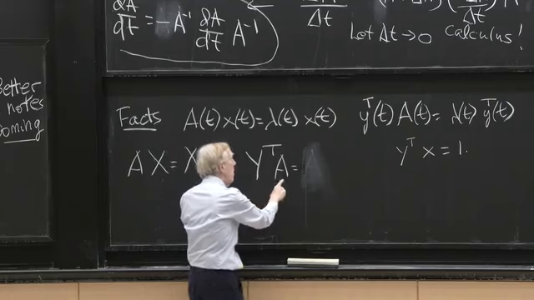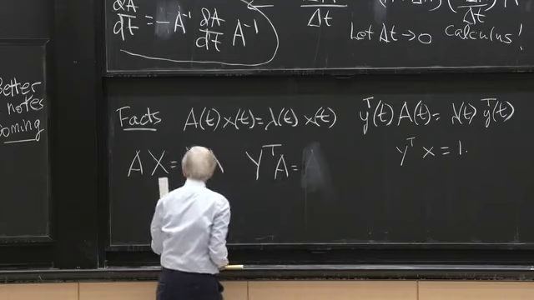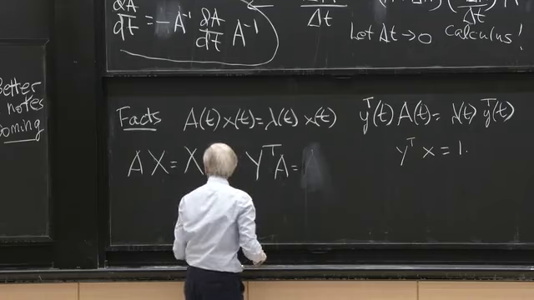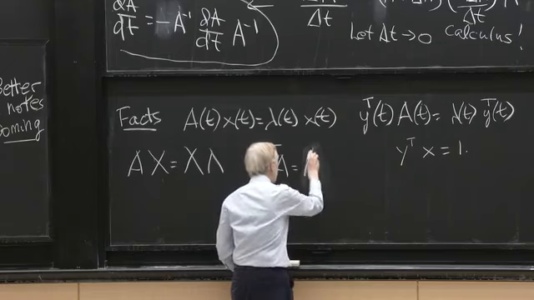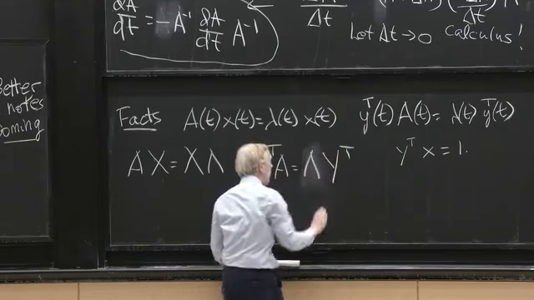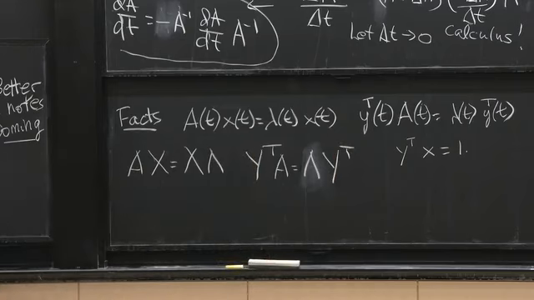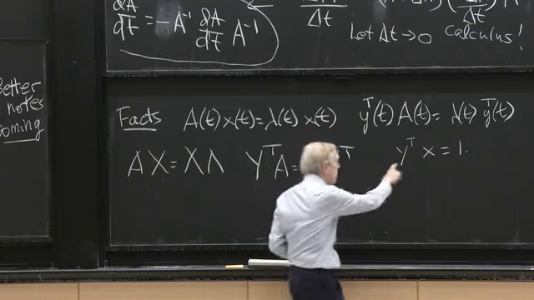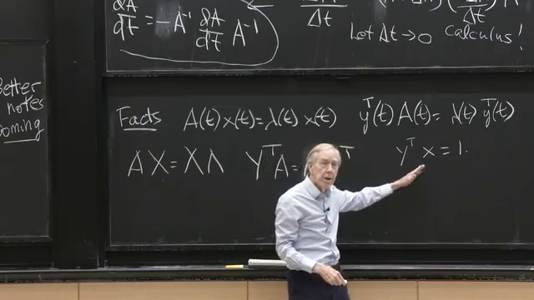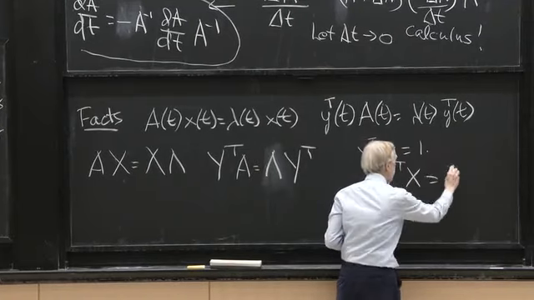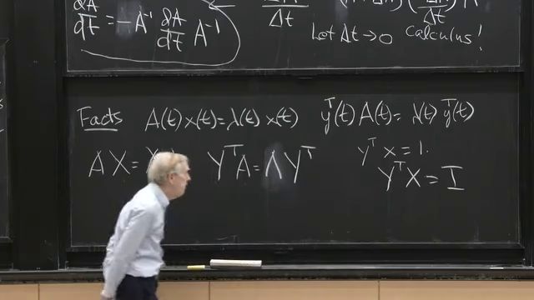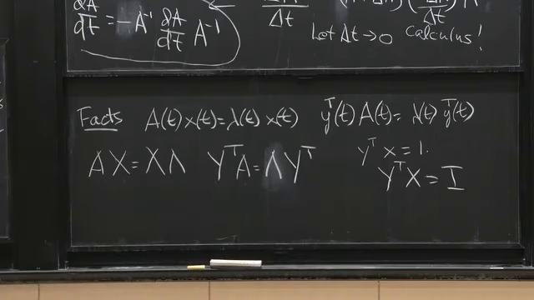Yes, lambda Y transpose, thanks. And what does this translate to? If this was for one eigenvector, for all of them at once it's just going to translate to Y transpose X equal the identity. This is pretty basic stuff, but stuff somehow we don't always necessarily see. Okay, those are the key facts.